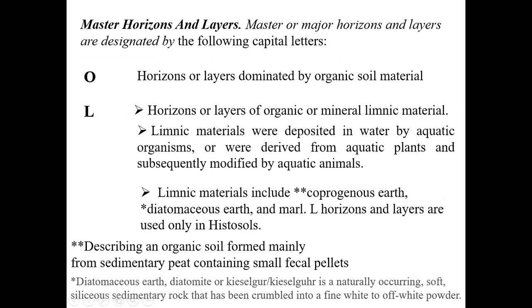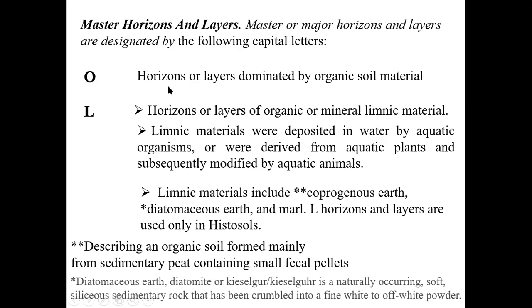Very first, students, as we know, there are master horizons and layers. Master horizons are the main horizons, and they are represented by capital letters. Everybody knows from the soil profile lecture, where I explained clearly, what O is.